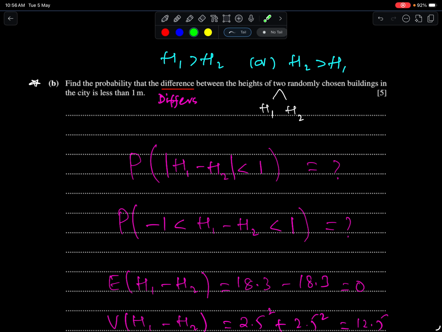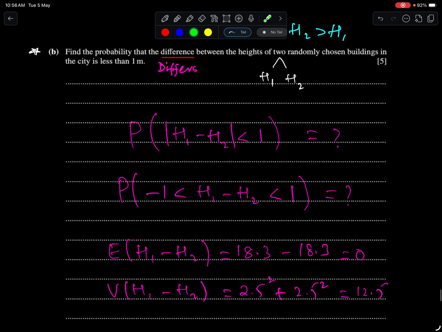Find the probability that the difference between the heights of 2 randomly chosen buildings, meaning H1 and H2, in this city is less than 1 meter. Make sure you write this as modulus of H1 minus H2 less than 1, because of difference or differ, use modulus. You can also write H2 minus H1. Either H2 minus H1 or H1 minus H2, no problem.